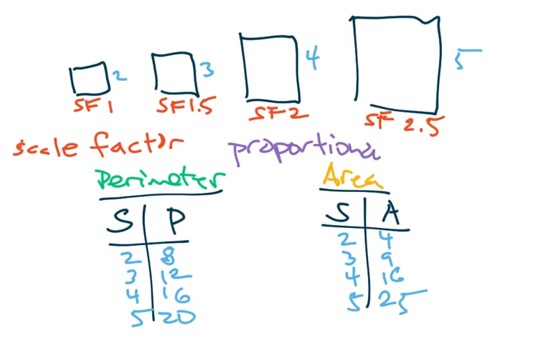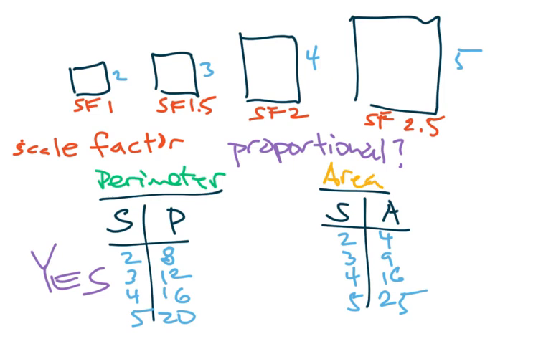Looking at the first situation, we could test through cross products. If we said 2 is to 8 as 3 is to 12, or as 4 is to 16, as 5 is to 20, these all reduce to one fraction only, which is 1/4. So for perimeter, yes, these are proportional. However, we could not make a proportion for the area, at least one that would hold all the way forward.